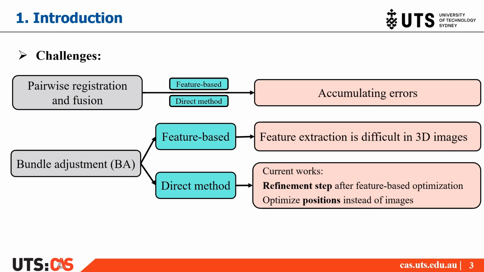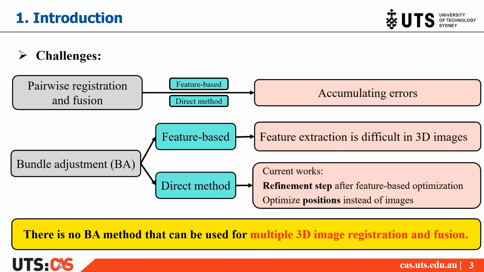Some published works use direct methods as a refinement step after feature-based optimization, so they cannot work independently. Importantly, all these works are still focusing on optimizing poses of the reconstructed 3D scene points instead of images. So, to the best of our knowledge, there is no BA method that can be used for multiple 3D image registration and fusion.